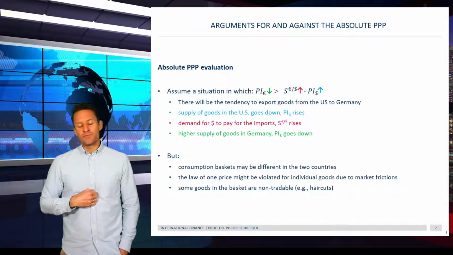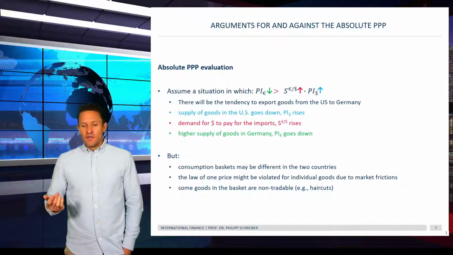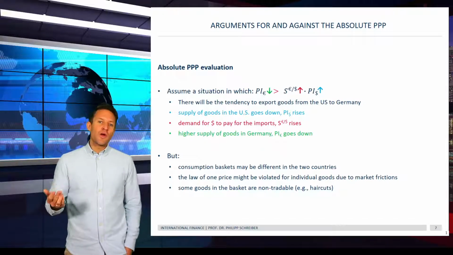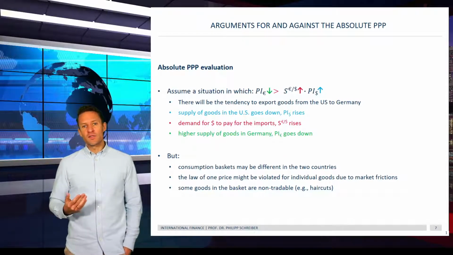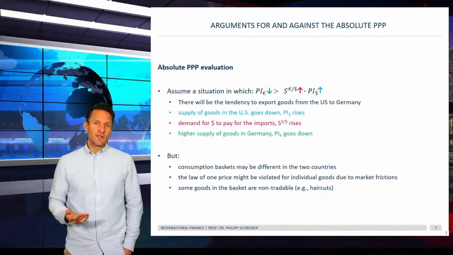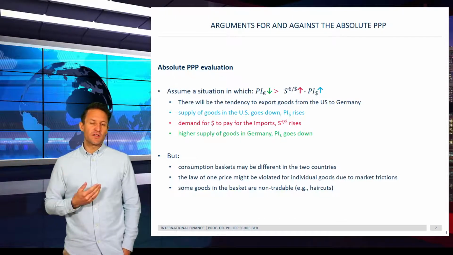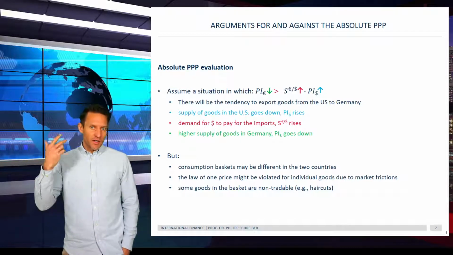of the US. In addition, there are some non-tradable goods that cannot be traded no matter how open and how globalized the world is, like haircuts. So you cannot, just because the haircut is cheaper in the US, fly over there and get a haircut.